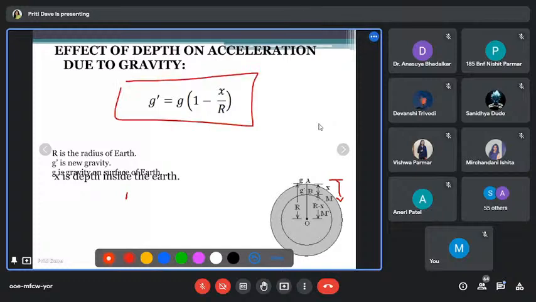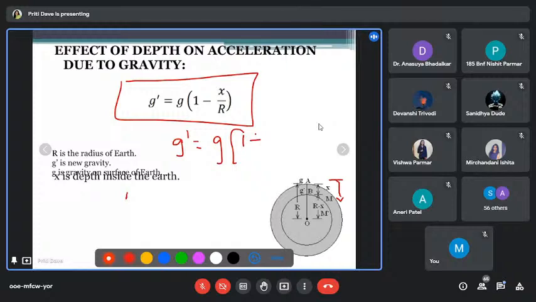Once in a while, when you do not have a total where h is not negligible, then the new gravity would be g into 1 plus h by r.